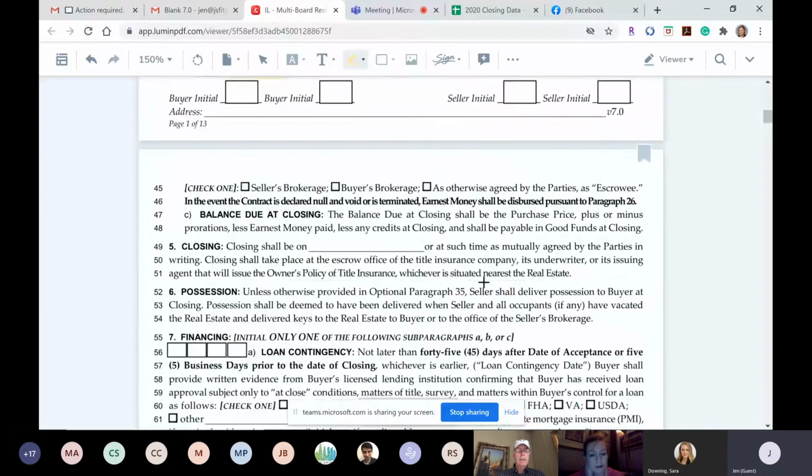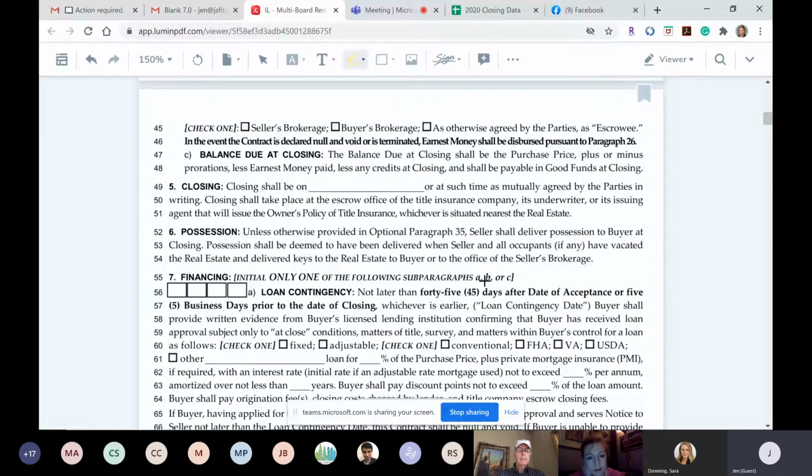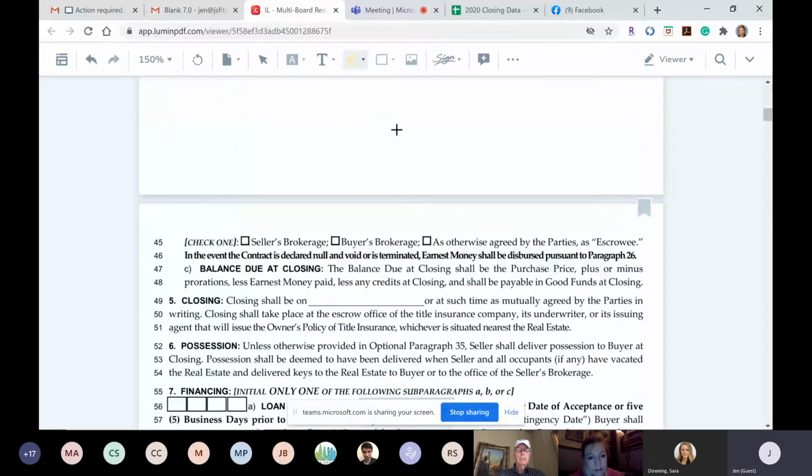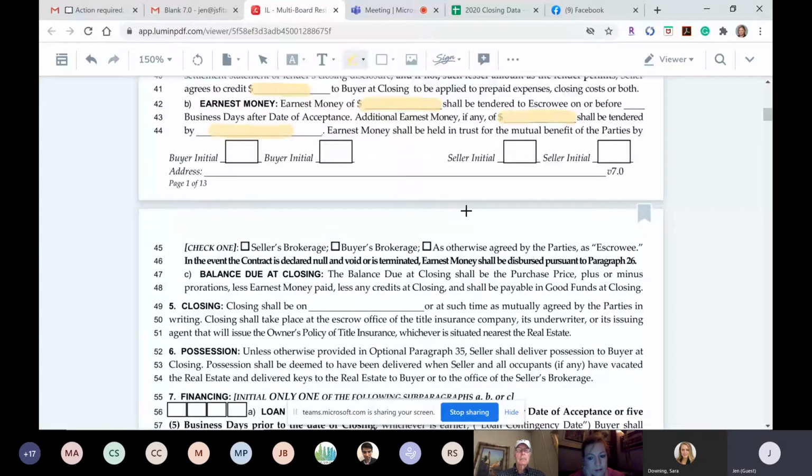Moving on to page 2. If the listing agent, which is generally what's happening, is holding the earnest money, you can check that it's going to be held at the seller's brokerage. If you're holding the money as the buyer, or sometimes you find an agency that doesn't hold earnest money, you can always ask the attorney to hold it in their escrow account.